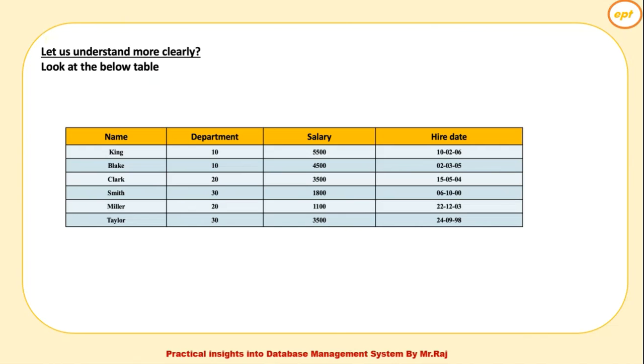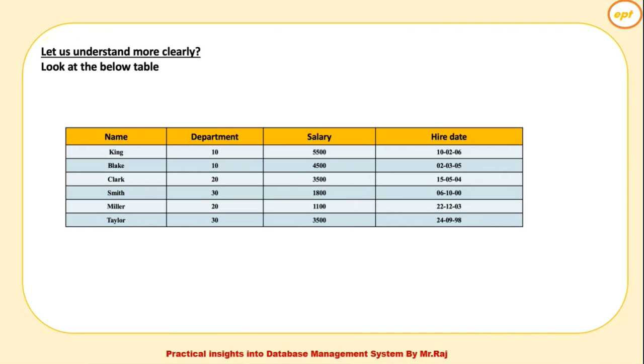Before, it was raw data. Are you able to understand the data now? If somebody asks you the salary of a particular employee, the hire date of this employee, or the department of this employee, are you able to give an answer?